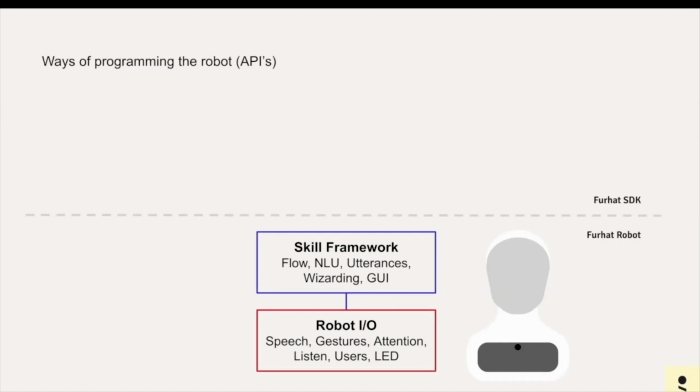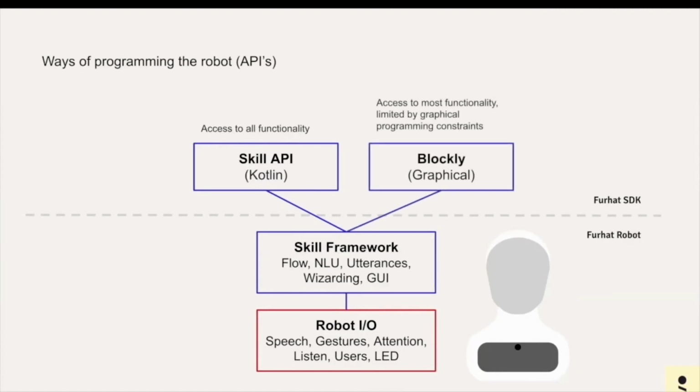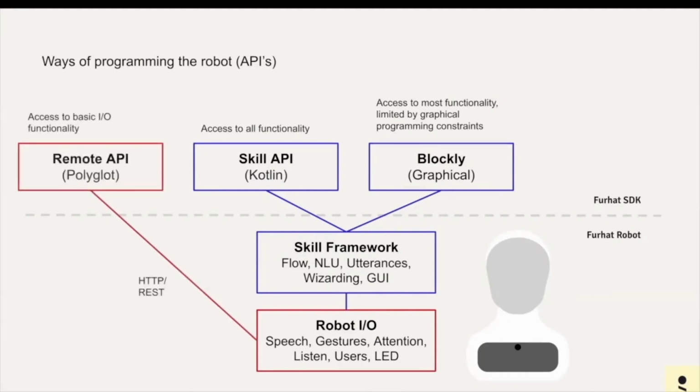On top of that, we have the SDK, where you can access these functions. The Kotlin Skill API gives you access to all the functionalities of the skill framework, and is our way of how you can orchestrate these advanced and complex interactions. The Blockly graphical programming interface also operates on the skill framework, but has more constraints due to the limitations of the graphical programming interface.